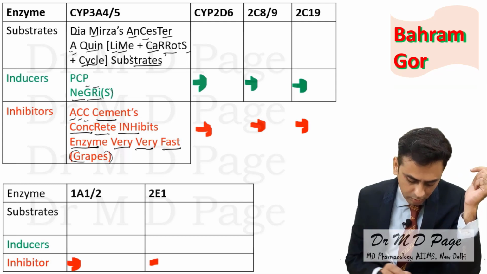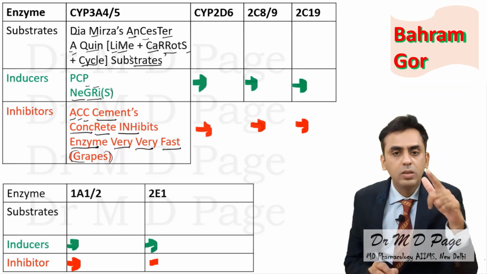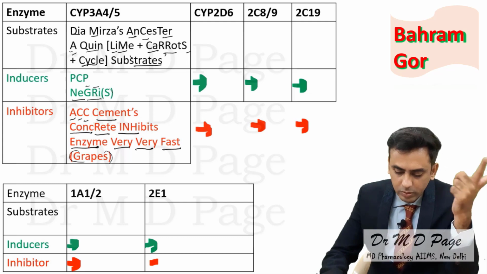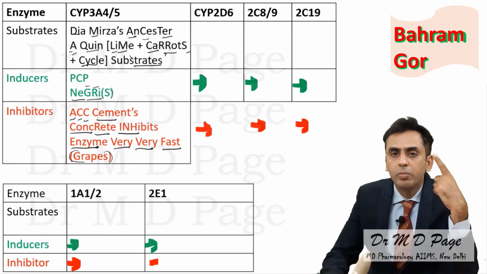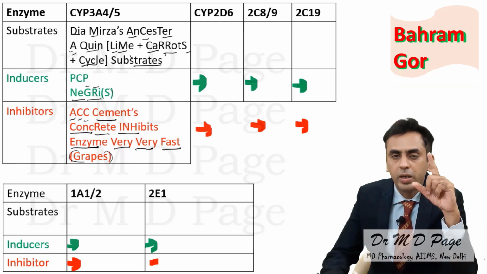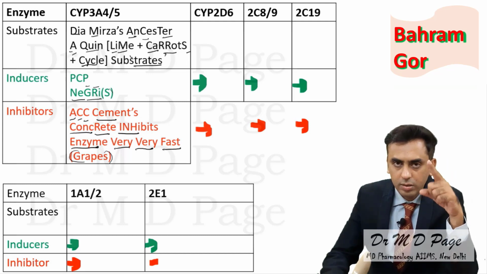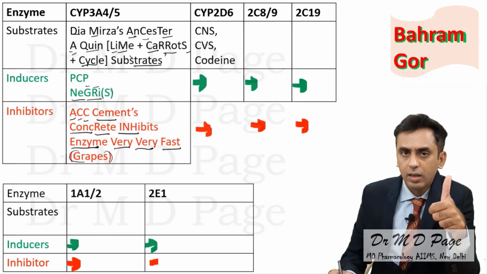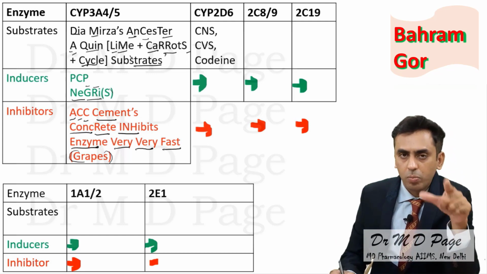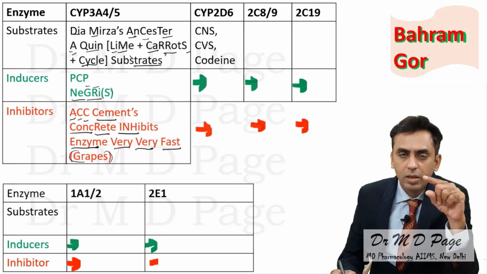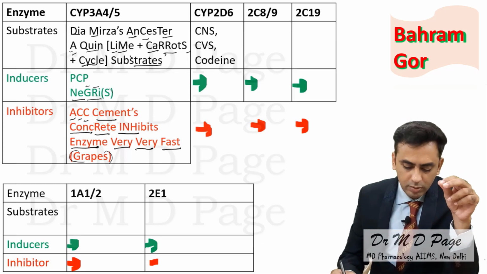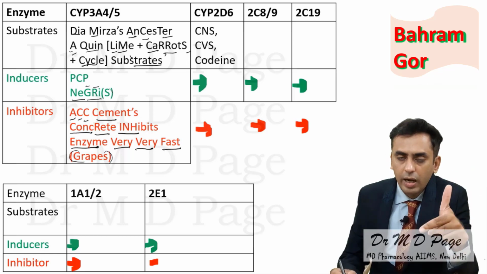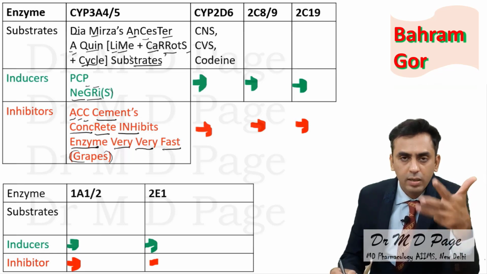I will say them. You can use the same inducer and inhibitor for all, like it is common. Now coming to CYP2D6, what I said, you have to remember 2D by 2D, 20%, by 2D eco and MRS. So substrates are CVS and CNS drugs and codeine. In CVS we had antiarrhythmics and beta blockers. Antiarrhythmics propafenone, flecainide, and most beta blockers. In CNS we had antipsychotics and tricyclic antidepressants and other antidepressants like SSRI and SNRI.